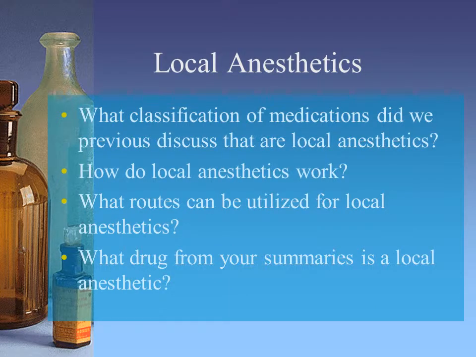Then our last topic that we're going to take a look at here with drugs that affect the peripheral nervous system is that of our local anesthetics. And you may hopefully recall from an earlier time period in our pharmacology course, we had a classification of medications that we talked about that were also local anesthetics.